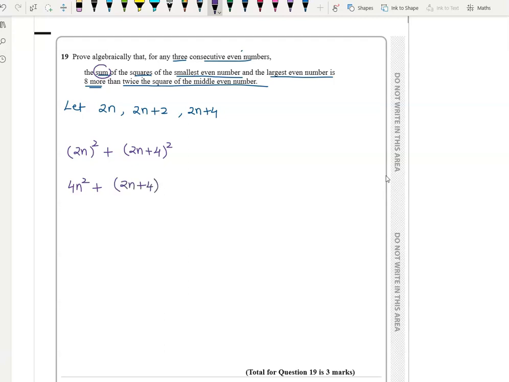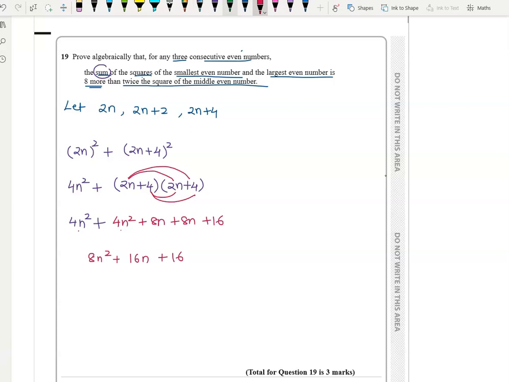So 2n plus 4 bracket 2n plus 4. 2n times 2n is 4n square. 2n times 4 is 8n. 4 times 2n is again 8n. 4 times 4 is 16. So 4n square plus 4n square will be 8n square. 8n plus 8n is 16n plus 16. So this is your left hand side.